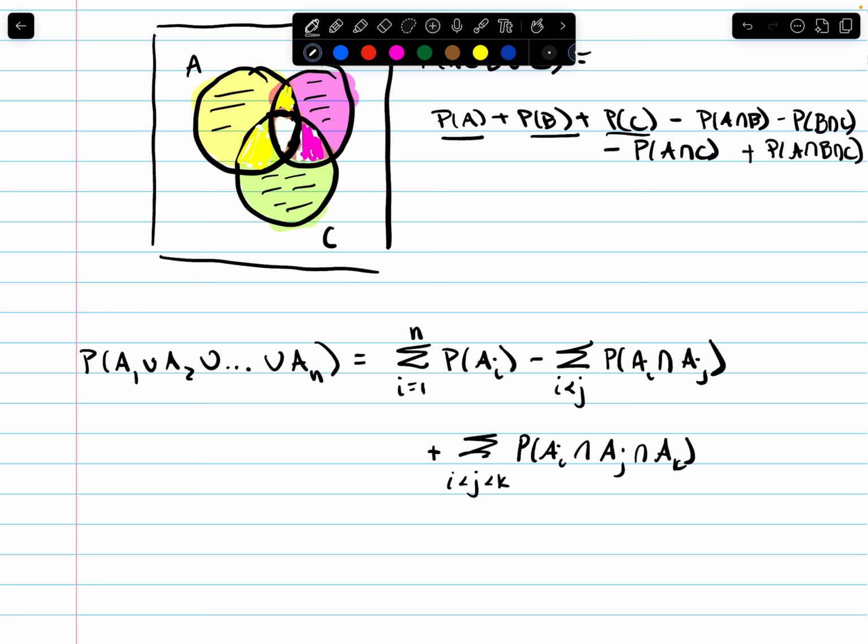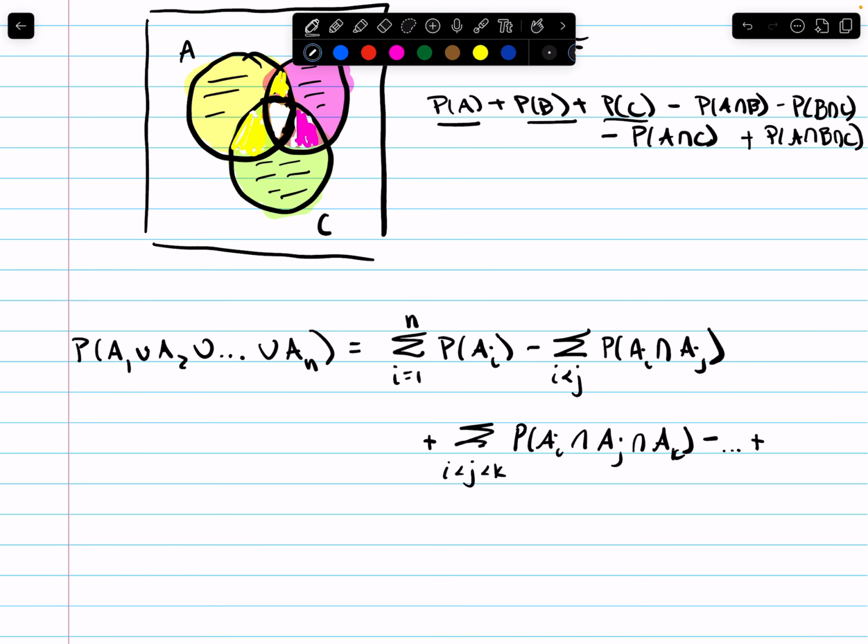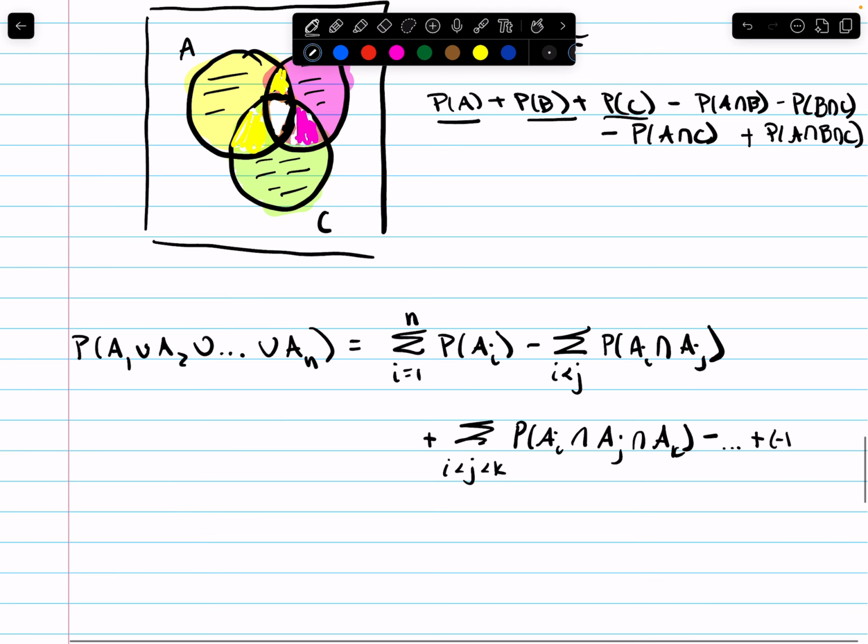And we're going to keep doing this process, subtract, and we're going to keep doing it until we get to the very last one. Come down here. Plus, it's either going to be a negative or a positive depending on parity, and this is going to be the intersection of them all.